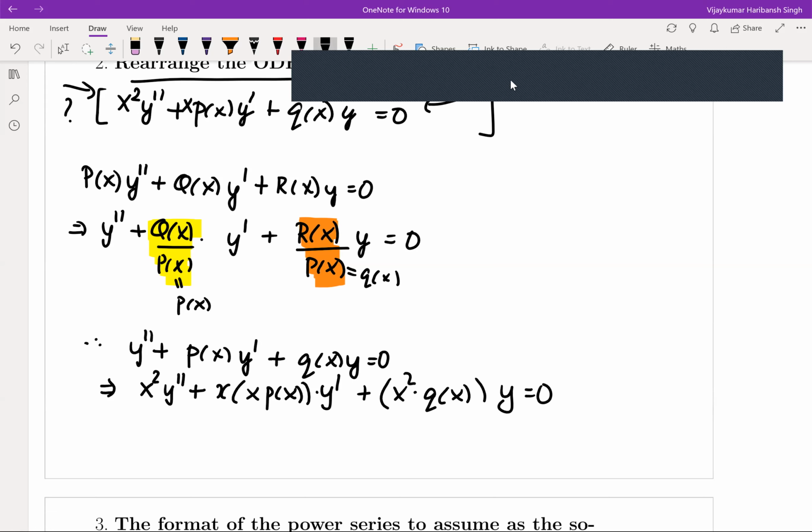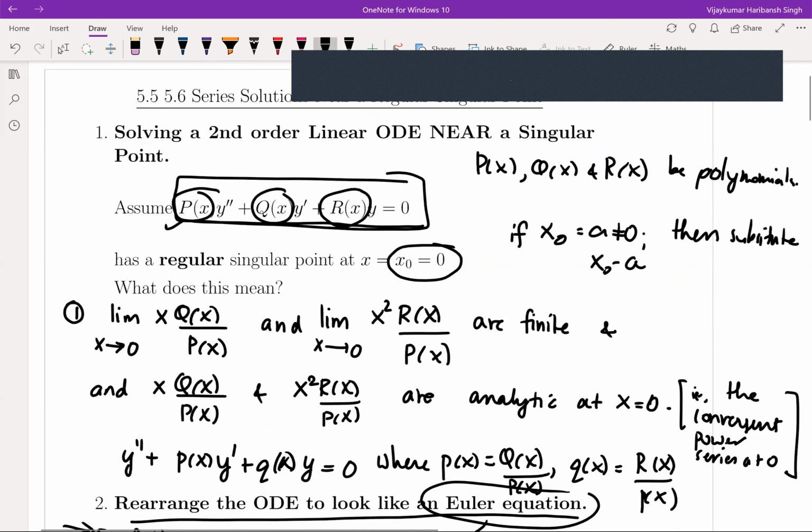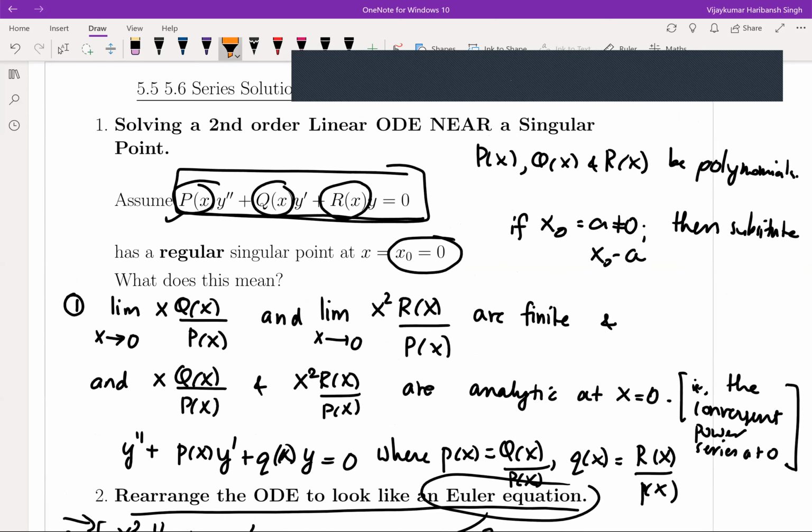Now you can see why our definition of regular point is the way it is, right? We need the limits of x p(x) and x squared q(x) to be finite and analytic. So this is what we need.